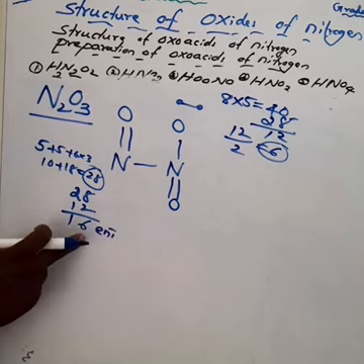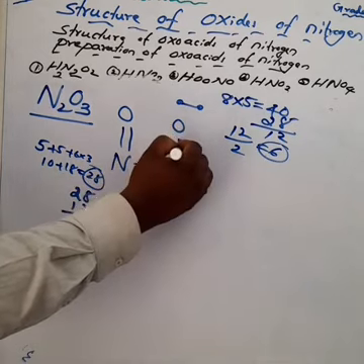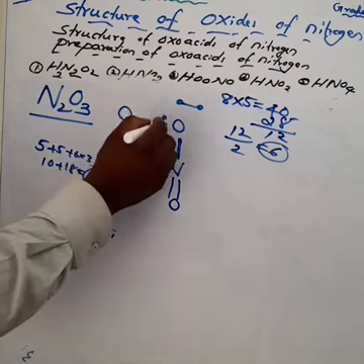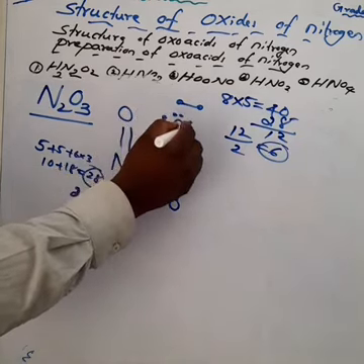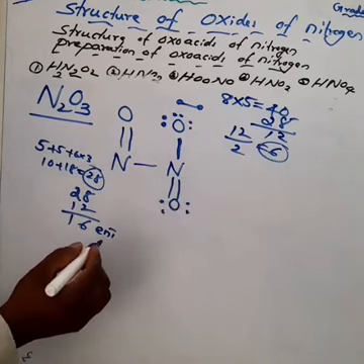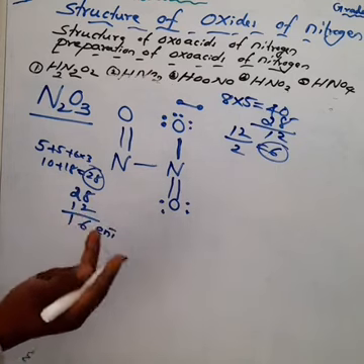In the previous explanation I told you that if they have a single bond, we can give 6 electrons. Double bond means we can give 4 electrons. Am I right? Triple bond means we give 2 electrons. Don't forget that.